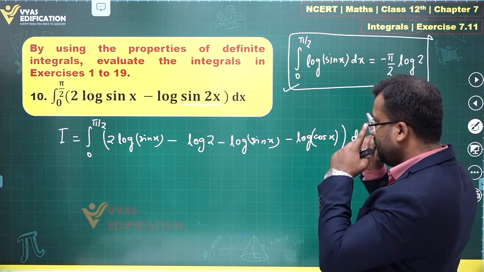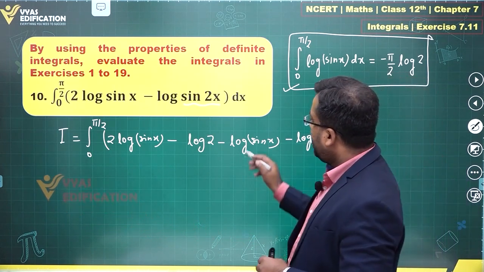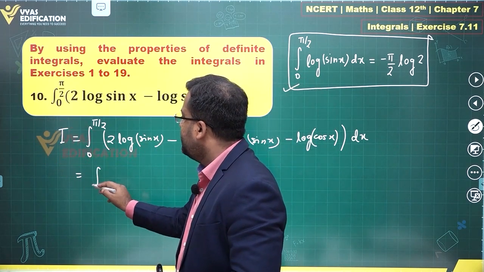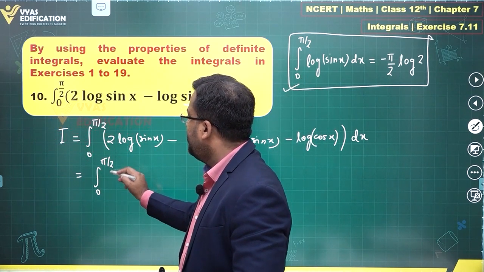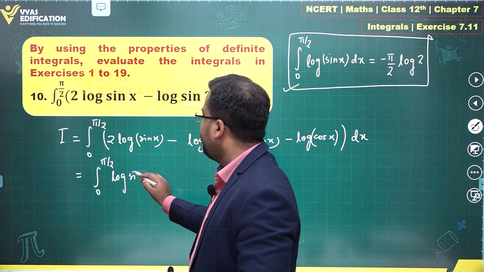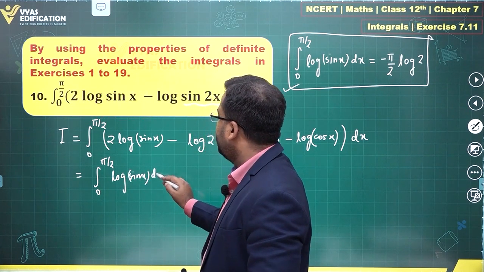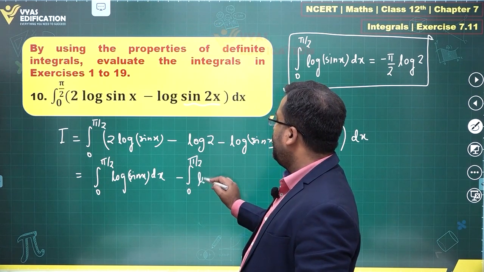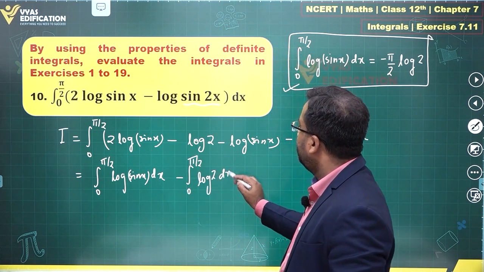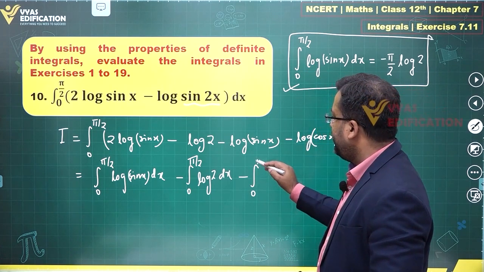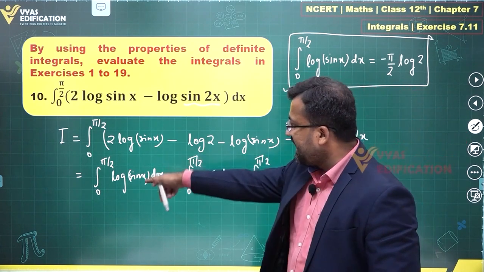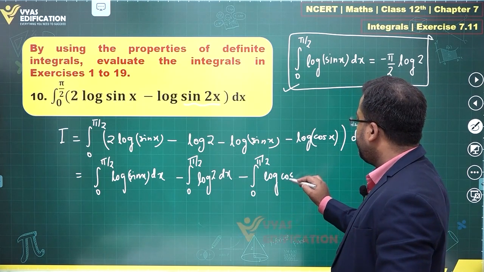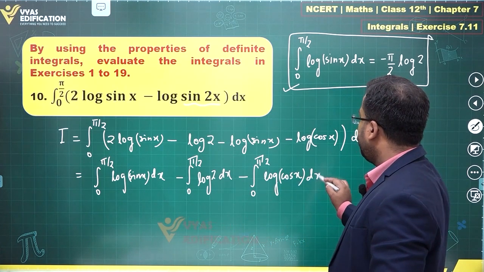What else? Okay, 2 log sin x and 1 log sin x will get cancelled. This will become the integral 0 to pi by 2 of log sin x dx, minus the integral 0 to pi by 2 of log 2 dx, minus the integral 0 to pi by 2 of log cos x dx.